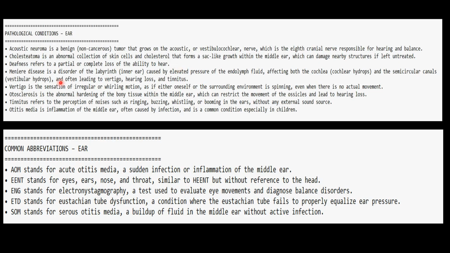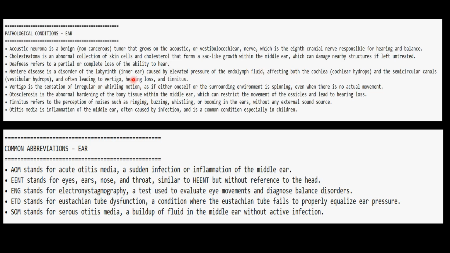Then we have Meniere disease, which is a disorder of the labyrinth of the inner ear caused by elevated pressure of the endolymph fluid. Now I'm assuming that you already know the meaning of endolymph fluid, because we have discussed this, right? We talked about two fluids when we were talking about the ear anatomy. So this is from there.